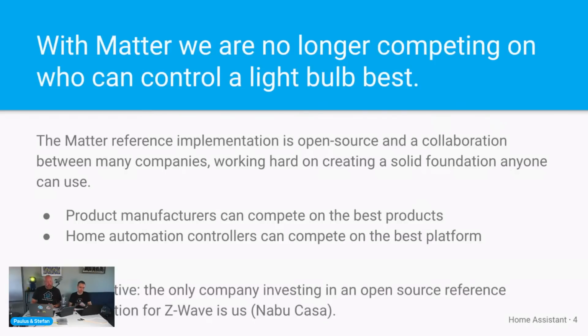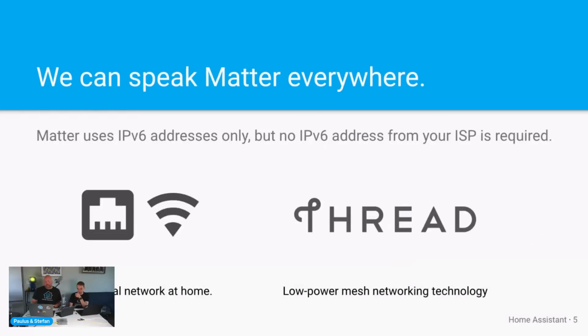All right. Next one is, oh yeah. The other cool thing about Matter is that we can speak Matter everywhere. Previous smart home standards like Zigbee and Z-Wave were limited: the Z-Wave mesh network was being used to send Z-Wave packets, and the Zigbee mesh network was being used to send the Zigbee packets.